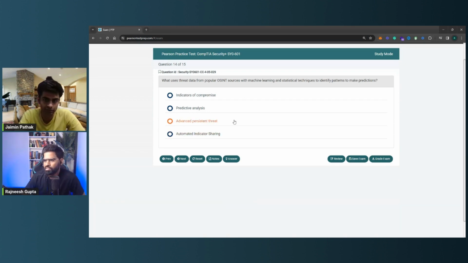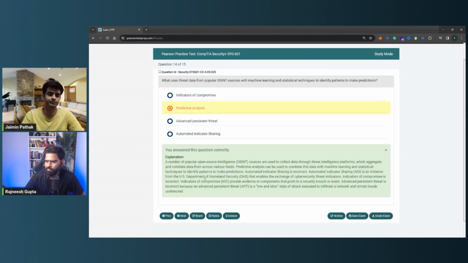Correct. Advanced persistent threat has nothing to do with it either. I think it can be predictive analysis, because they are using techniques to identify patterns. Right, we already have some predictions about the patterns and the threats. Perfect, perfect, perfect. And you got $1 million. Awesome.